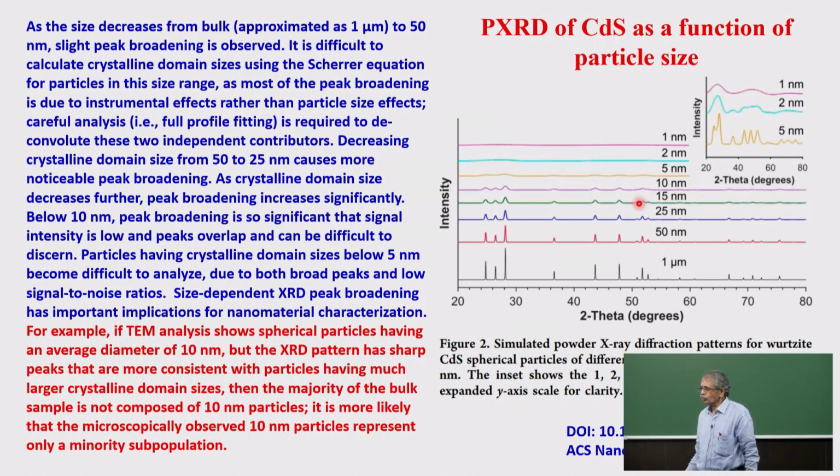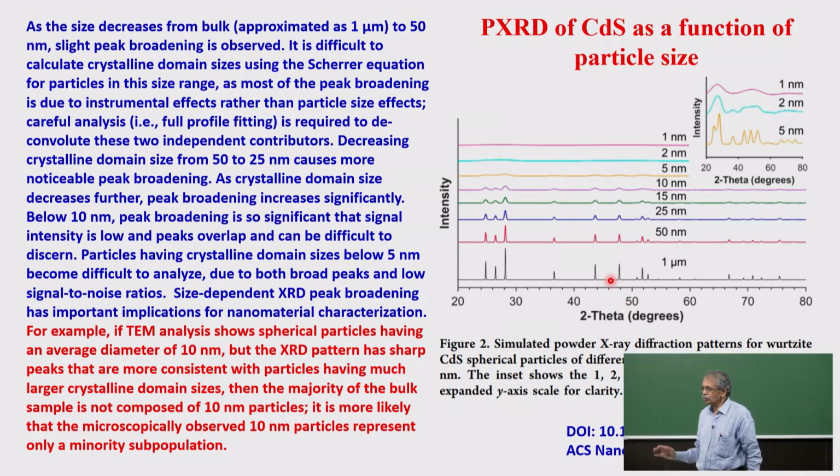And when you go to something like 10 and 5, more or less you cannot see much. You see that? Almost completely broadened. So it is very important to look at the size dependence, but the breadth of the peaks can also happen from instrumental parameters as well.